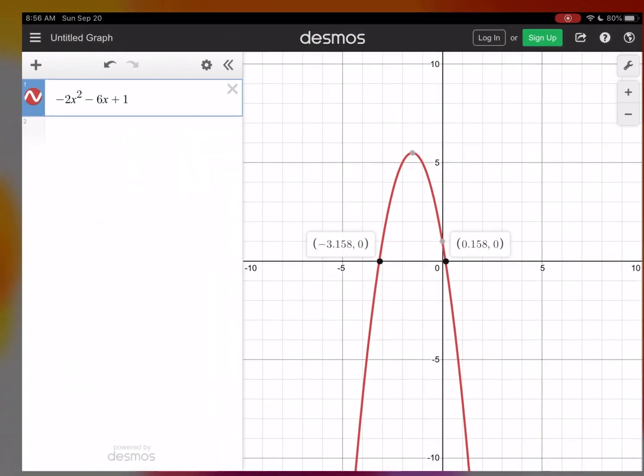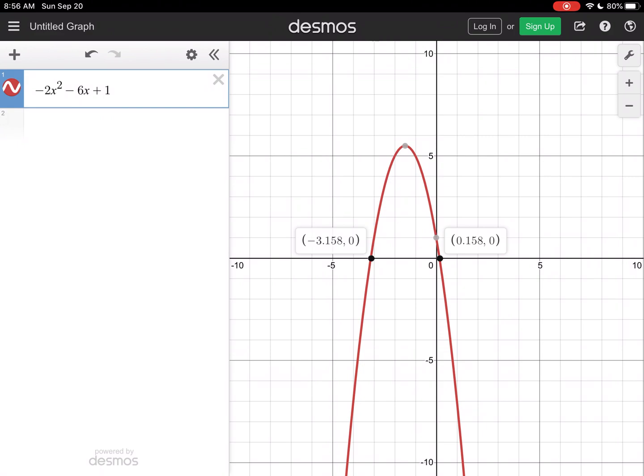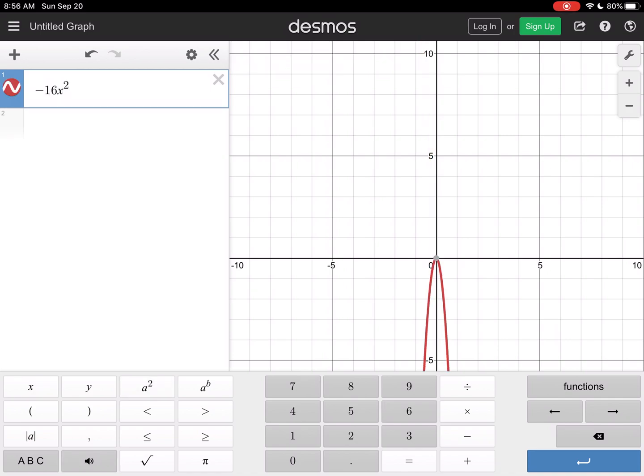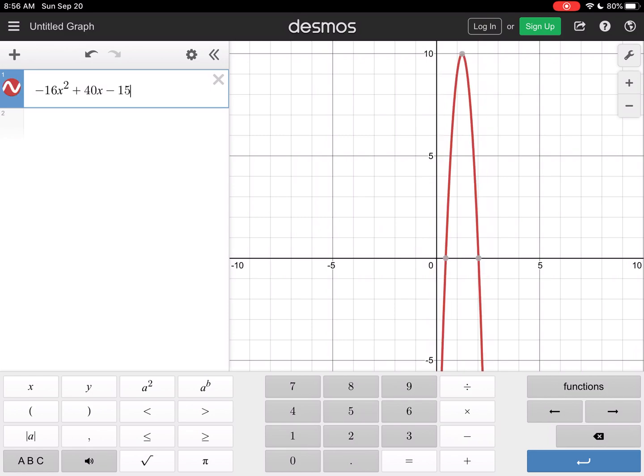So we're going to go new graph. We'll go negative 16x squared plus 40x minus 15, and I want to know when it's less than 0.